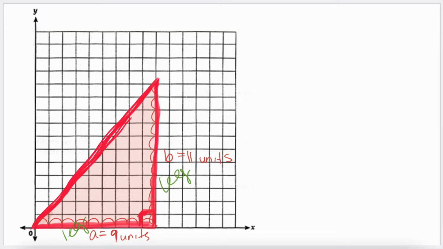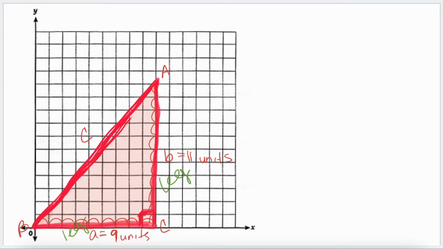So if side A is at the bottom, then angle A will be at the top. If side B is on the right, angle B will be on the left. And we always, always, always call our hypotenuse C. So that would make this angle C down here.